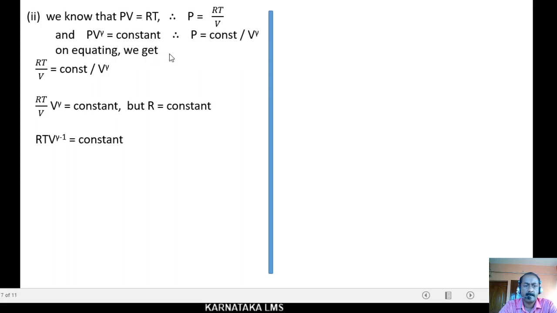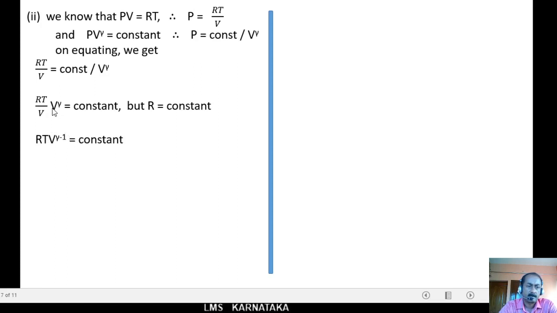On equating these two, we get RT by V equals constant divided by V to the power of gamma. On rearranging, RT divided by V into V to the power of gamma equals constant, but R is the universal gas constant. Therefore, this equation becomes RT into V to the power of gamma minus 1 equals constant.